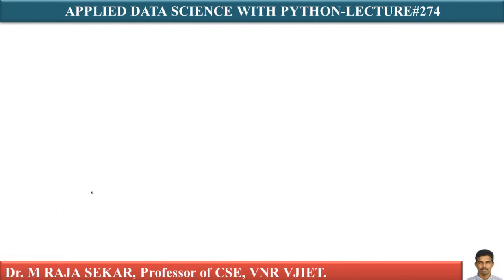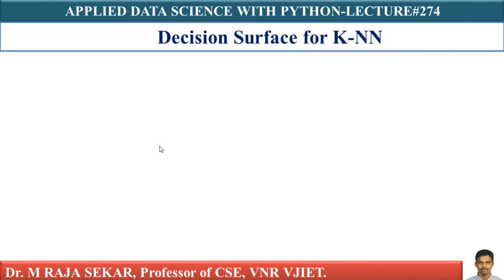In this lecture, we will try to understand decision surfaces for K nearest neighborhood algorithm. One must understand an important concept: how to pick the right k.